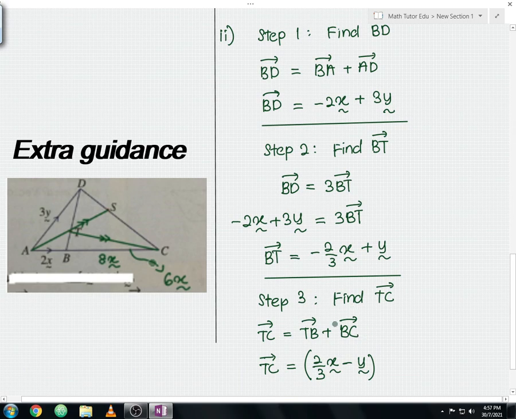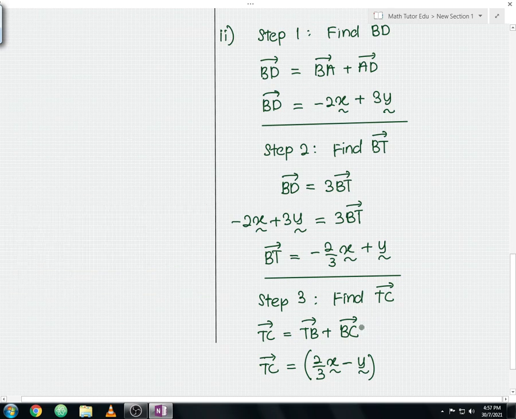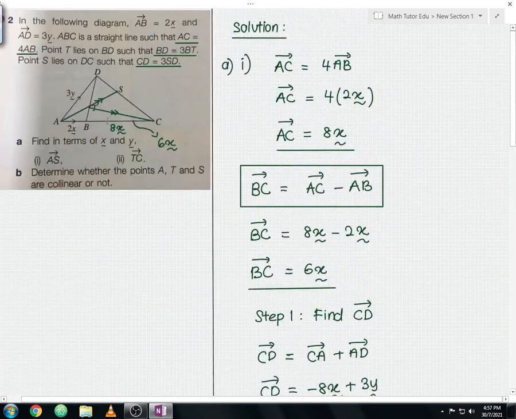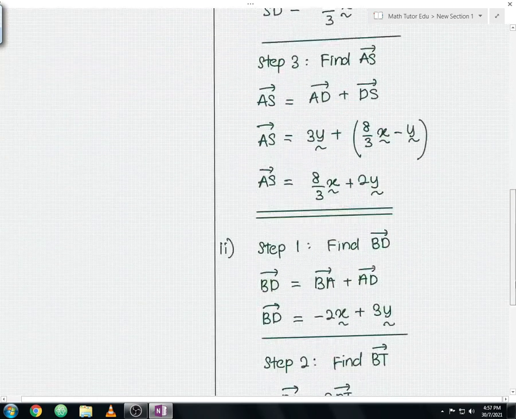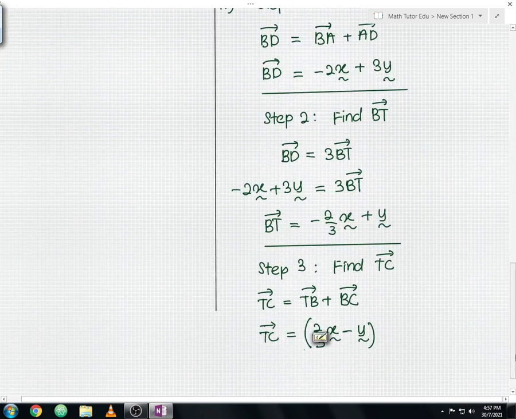I hope now you should know why I found the vector BC in our very first step. Like I said, we are going to use this vector BC to solve question A part 2. By the way, this is your vector BC over here, which in this case is 6x.